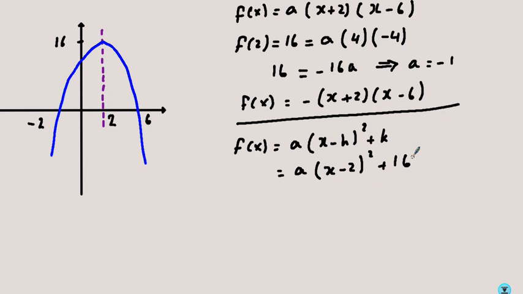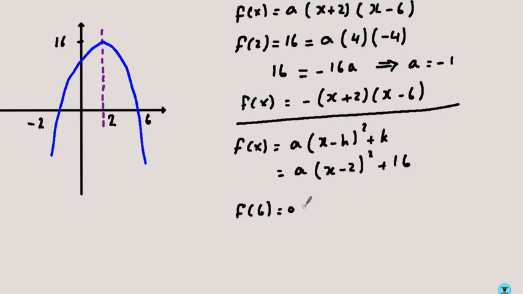Now, we have two other pieces of information, the first root and the second root. So we know that f of 6 equals 0, which is this point right here.